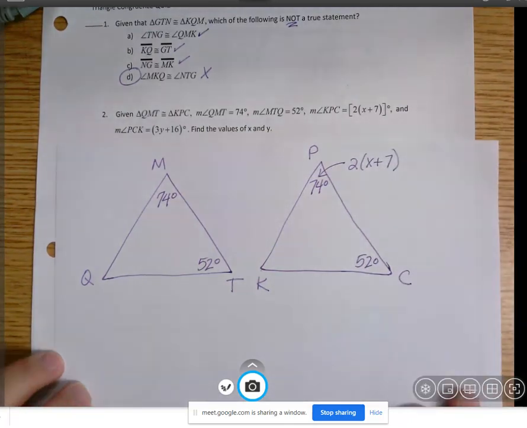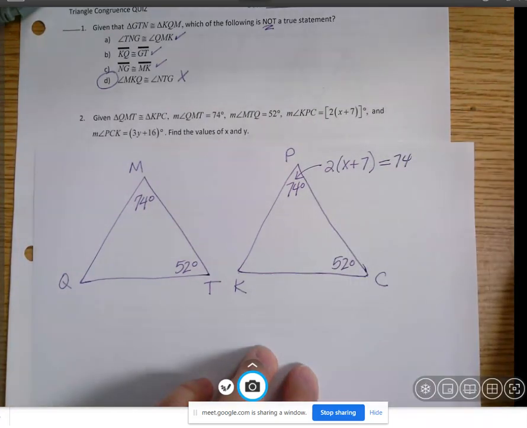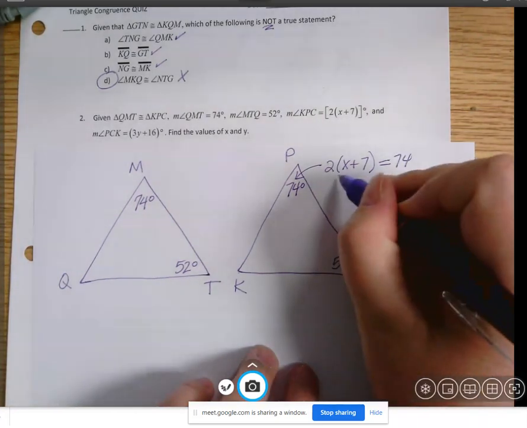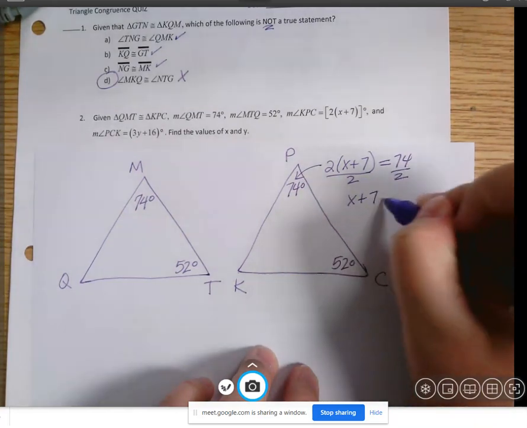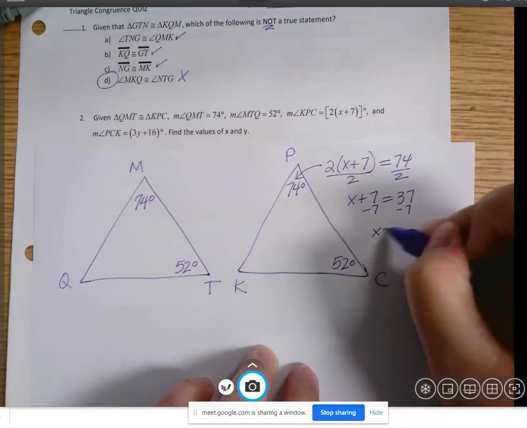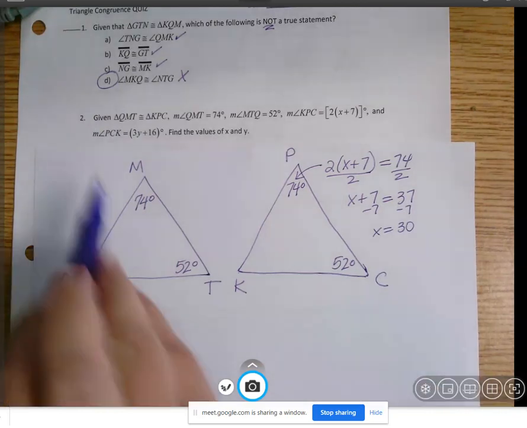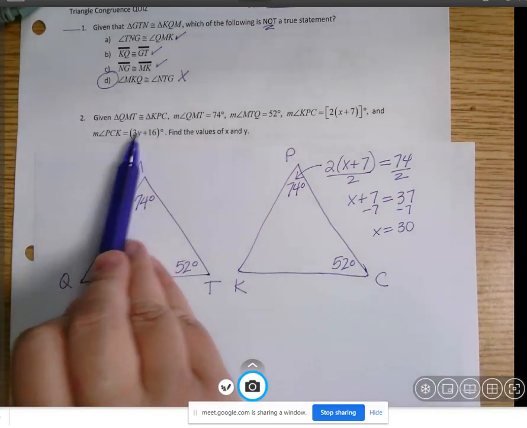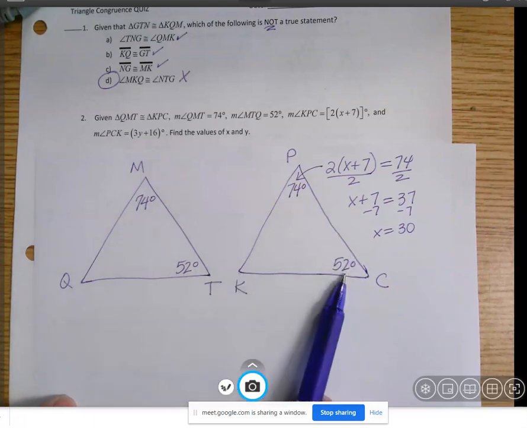So this is 2 times x plus 7. In other words, I can say 2 times x plus 7 equals 74. And instead of distributing, I'd probably divide out the 2 first. So x plus 7 equals 37, and x equals 30. And then it says PCK is 3y plus 16. PCK is this angle right here.